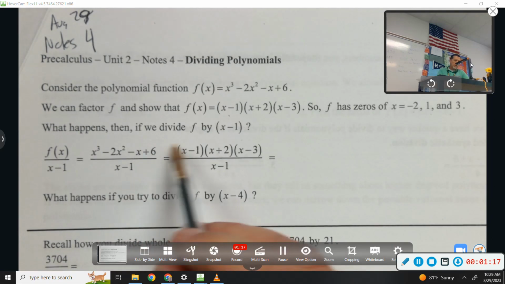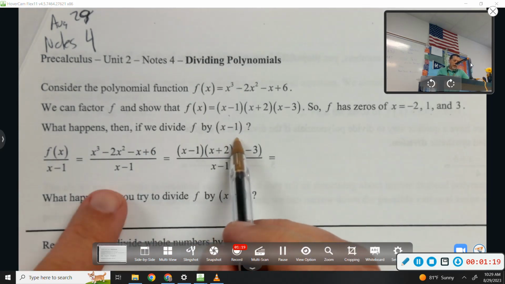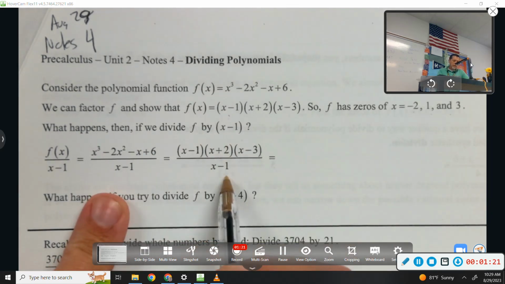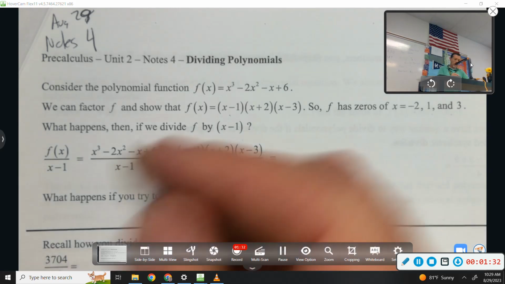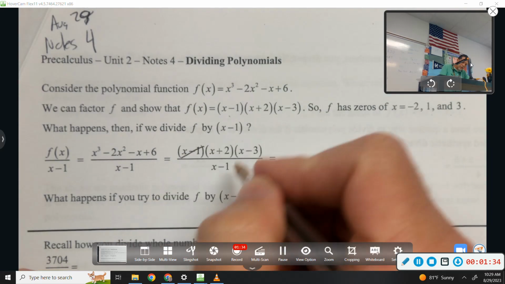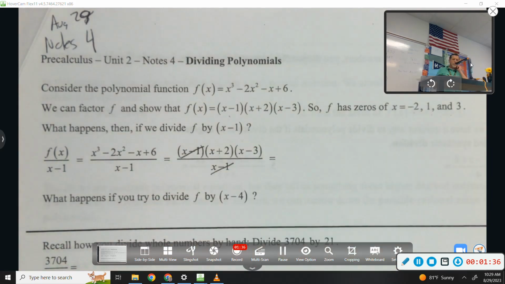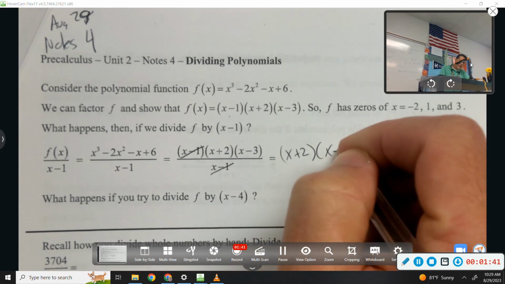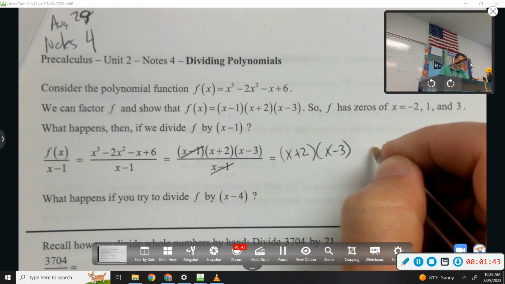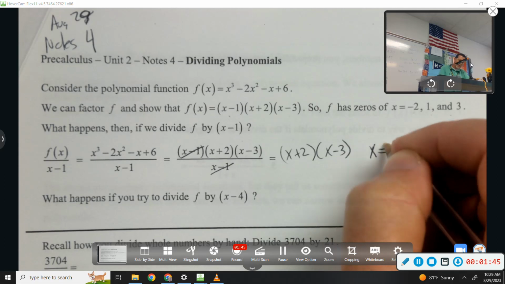Good with that. If we divide by x minus 1, so we got it factored, we want to divide by x minus 1, you tell me what happens. And this isn't a trick, like what do you do? Okay, I like that it cancels. If you were graphing, there would be a hole there. And that's a great reminder that the hole means that x can't be 1.